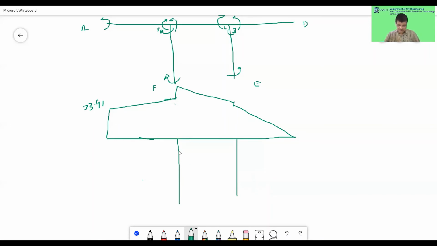Now here CE, what is CE? CE is going clockwise. So clockwise means positive. So positive we can take here. The positive value is CE is minus 0.94. So here is minus 0.94, and here it is like this.